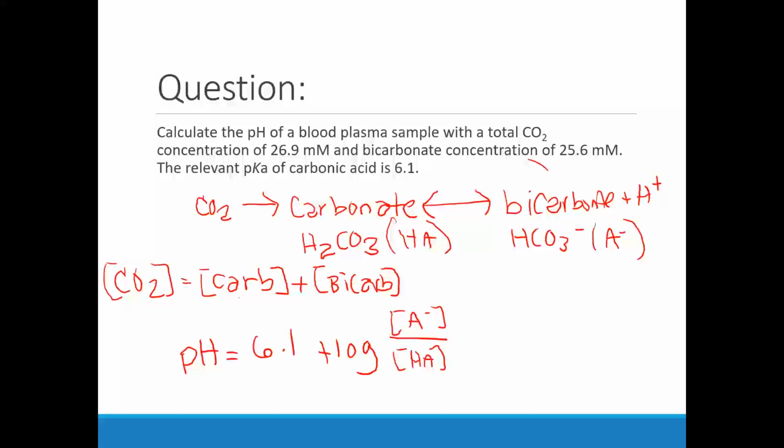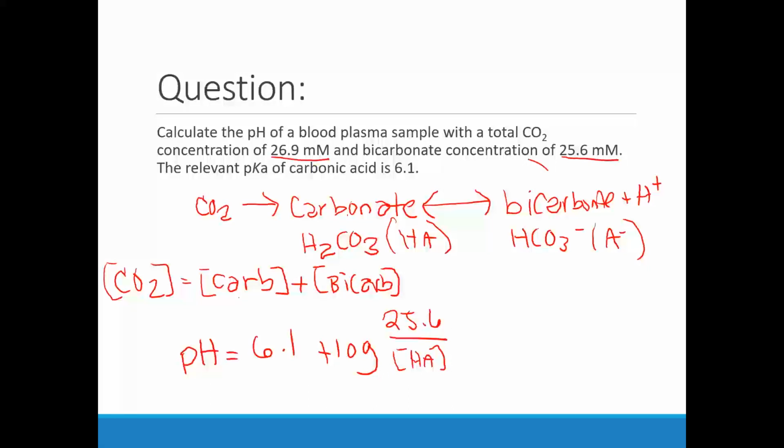Now remember, in this equation, our conjugate acid and conjugate base are carbonate and bicarbonate. But we have information about the total CO2 concentration and the bicarbonate concentration. Okay, well, we know bicarbonate is here. But how do we know how much carbonate there is in the system? Well, remember, I told you that carbonate and bicarbonate just come from CO2.